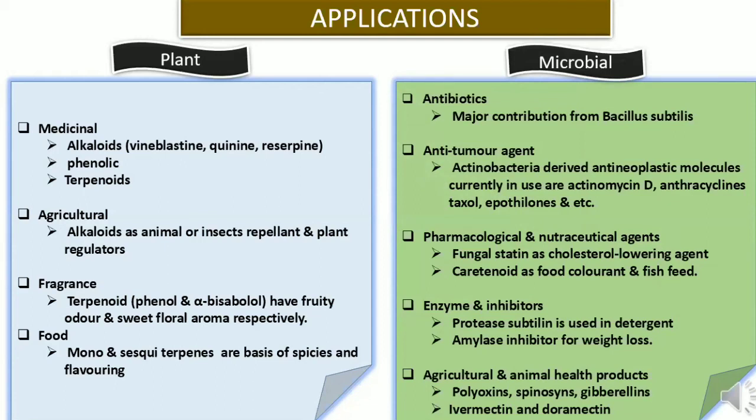For antibiotics, a major contribution is from Bacillus subtilis. For anti-tumor agents, we can get them from actinobacteria-derived molecules, such as actinomycin D, anthracycline, Taxol, epothilones, and so on. For pharmacological and nutraceutical agents, an example is fungal statin, which can be used as a cholesterol-lowering agent, and carotenoid as food colorant and fish feed.